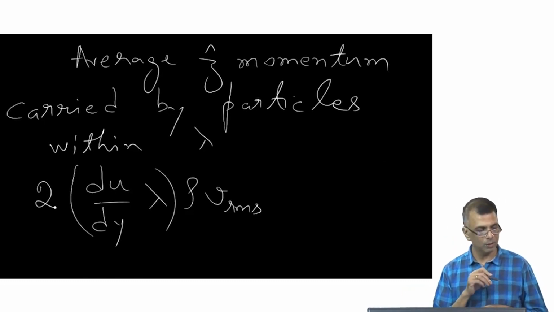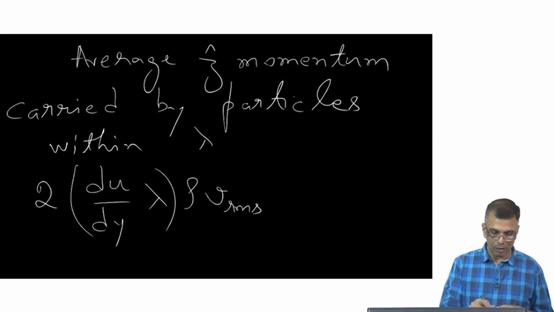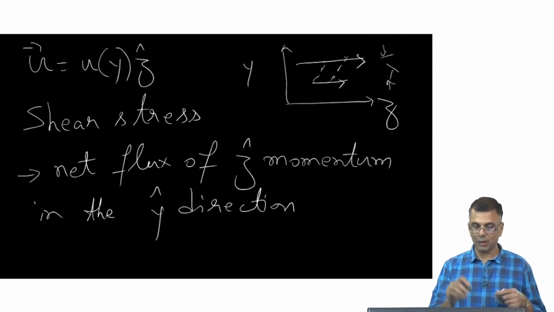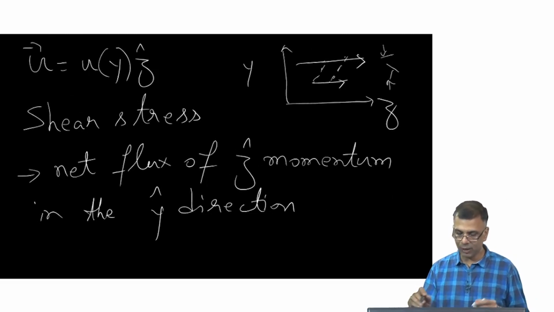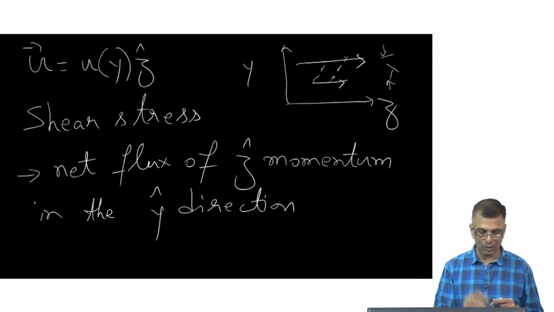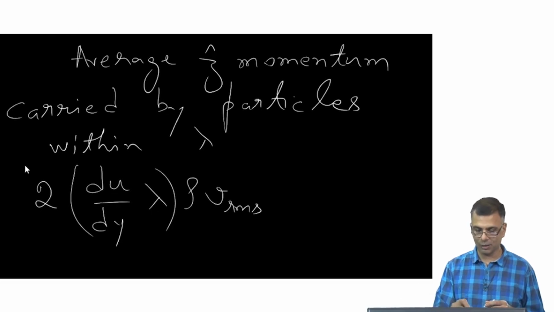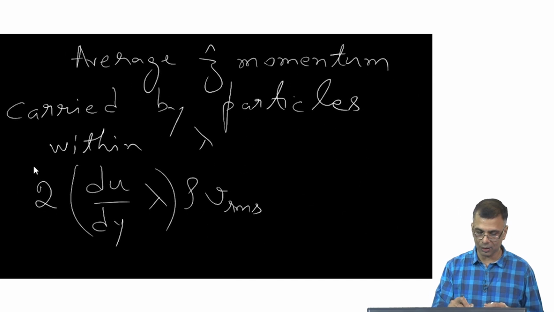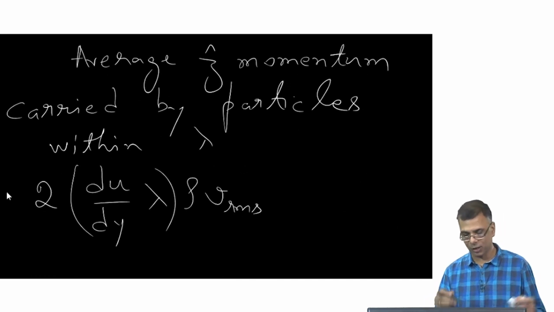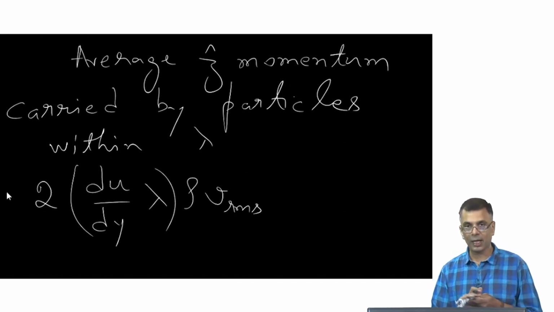Now remember, I said that the shear stress is essentially the net flux of z momentum in the y direction. So that is this. That completes this. The net flux of z momentum, this entire thing, is the net flux of z momentum in the y direction. And we arrived at this from a particle kind of picture.